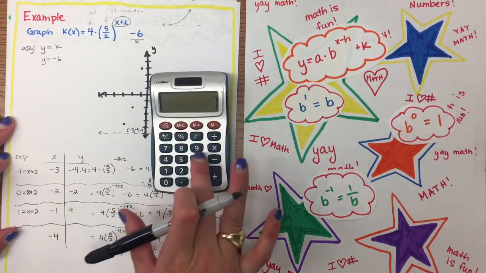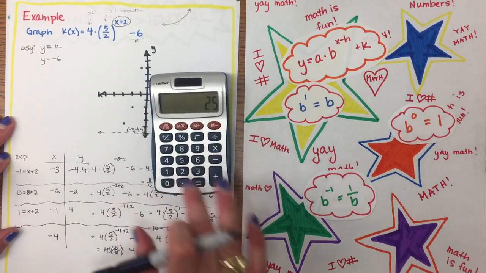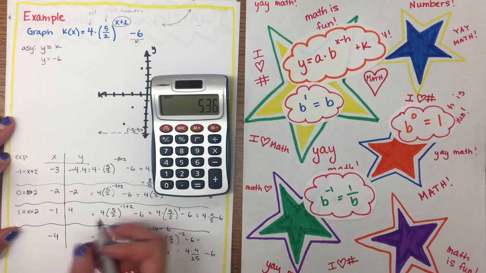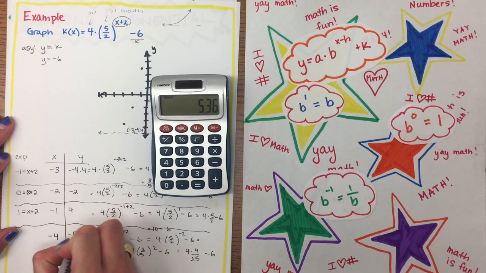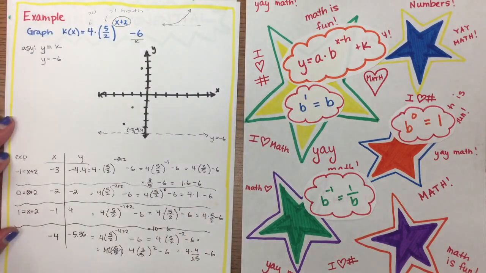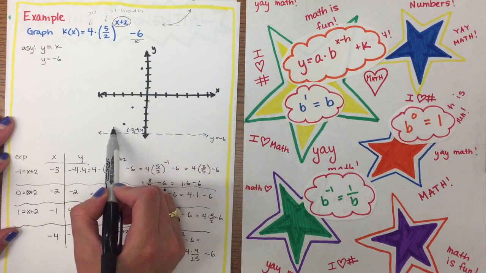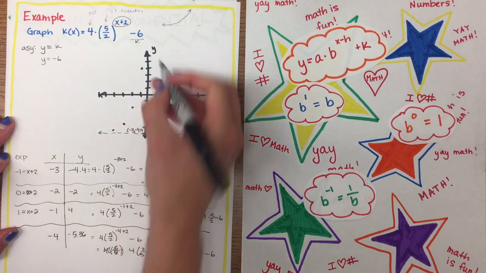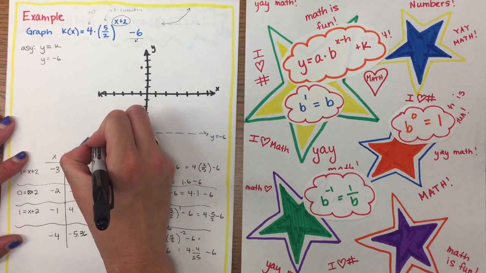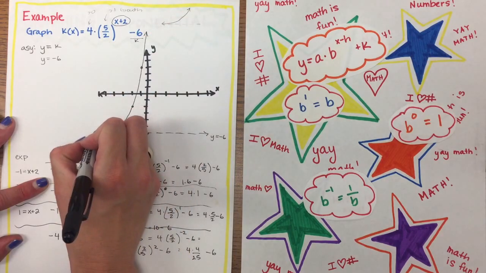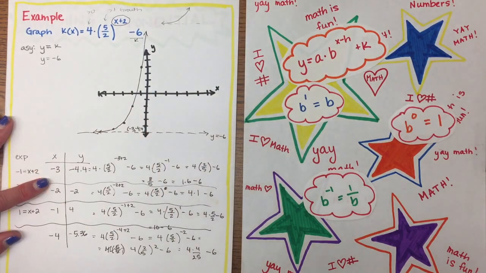On my calculator, 16 divided by 25 is 0.64, minus 6 is going to give me negative 5.36. So if I go to negative 4, negative 5.36, I can now kind of see the curve. My graph is going to look like that, approaching the asymptote here.